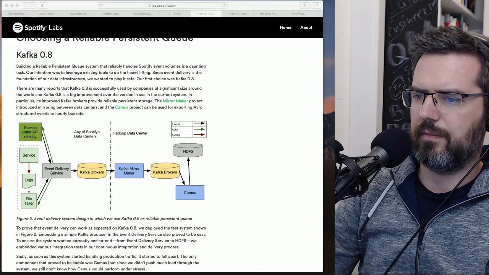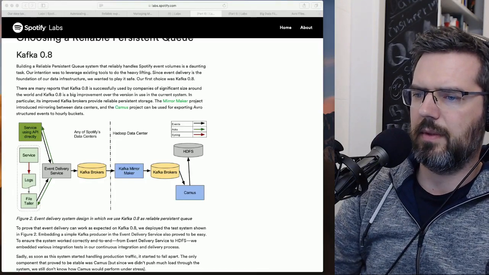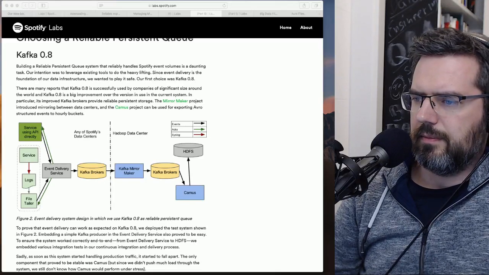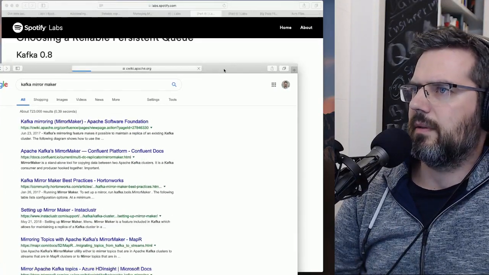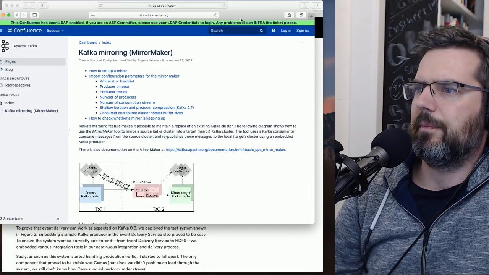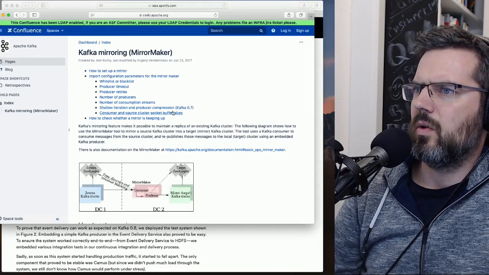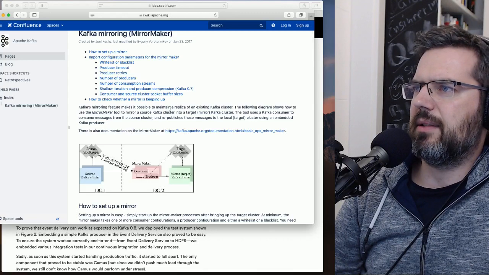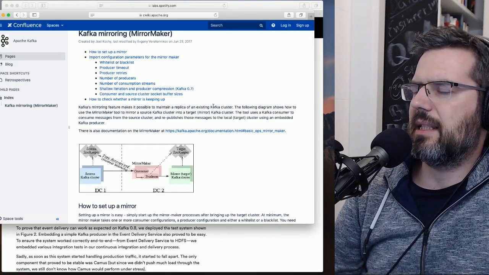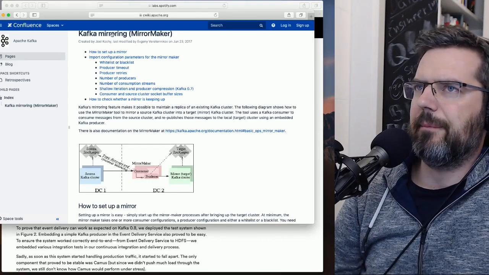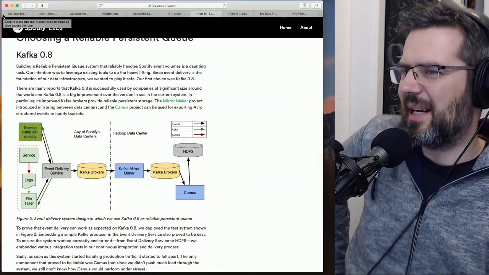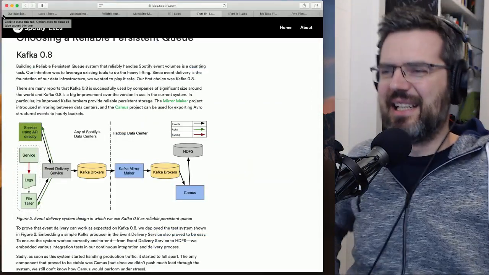Kafka Mirror Maker. Okay, it makes and maintains a replica of an existing Kafka cluster. Yeah, that's more or less what it says.